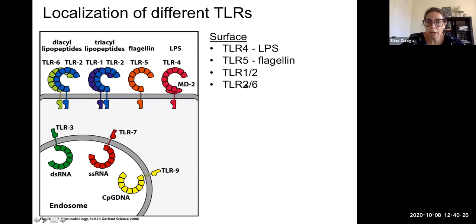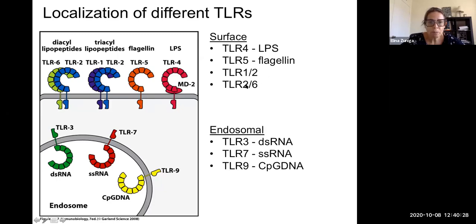They recognize lipopeptides from microbes. Then we have three toll-like receptors that localize in the endosomes. Toll-like receptor 3 recognizes double-stranded RNA. I think we mentioned in one of the previous lectures that double-stranded RNA is produced in any viral life cycle.